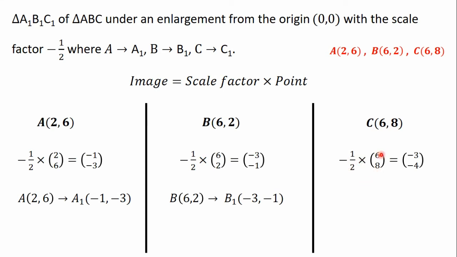Minus half times 6 will give us minus 3, and minus half times 8 will give us minus 4. So point C with coordinates 6, 8 will give us C1 with coordinates minus 3, minus 4. We now have the coordinates of points A1, B1, and C1. We can draw the image triangle A1, B1, C1.